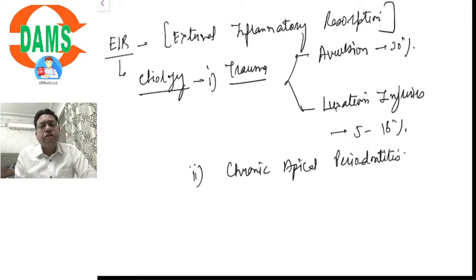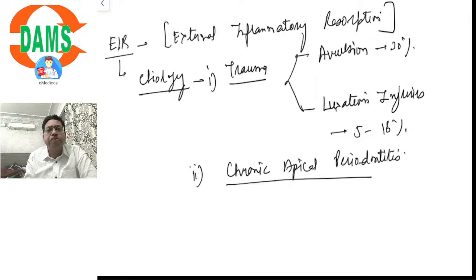But what is the most important cause? The most important cause is the trauma to the tooth structure. And most common form of trauma is the avulsion, followed by luxation injuries. And also in cases of chronically infected periodontal ligament, chronic apical periodontitis, there are chances of external inflammatory root resorption.